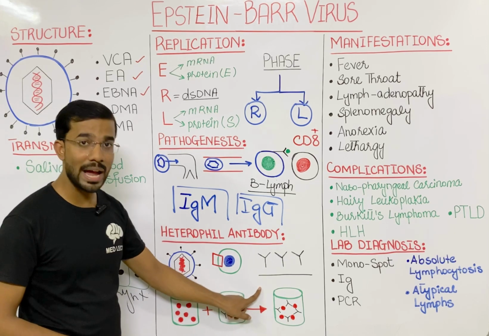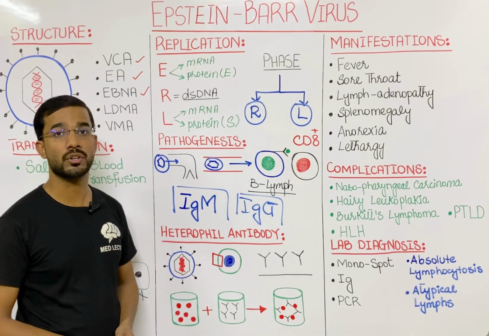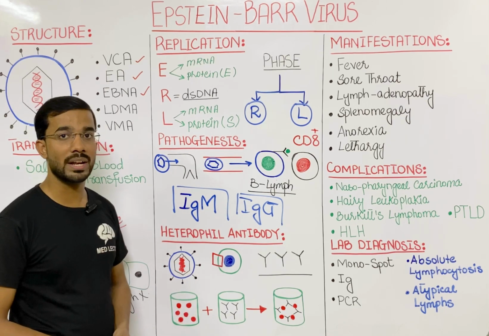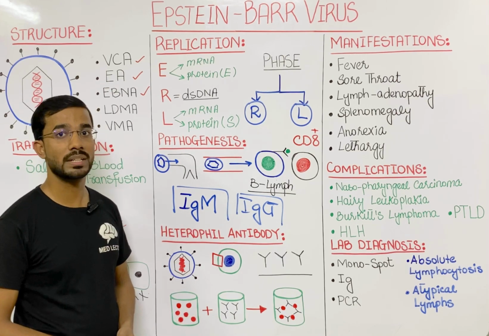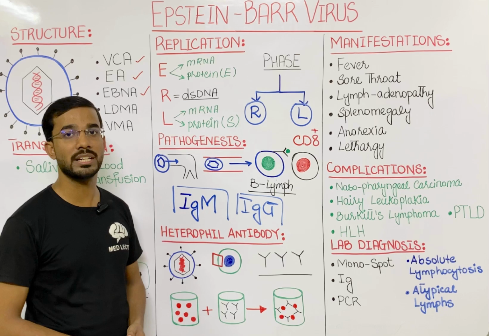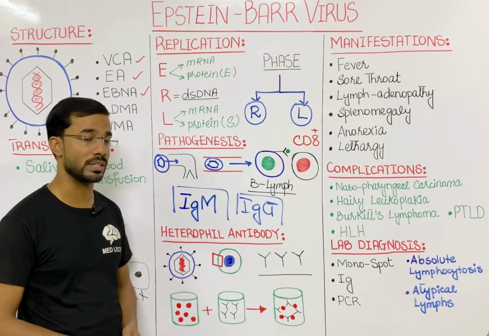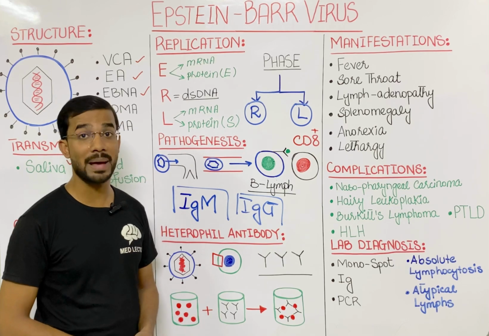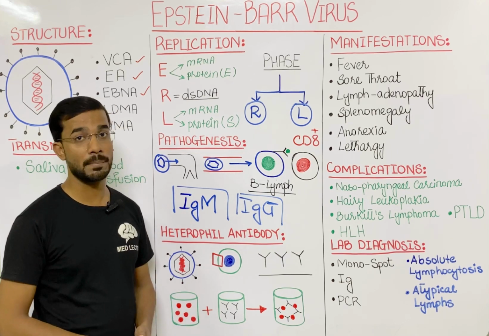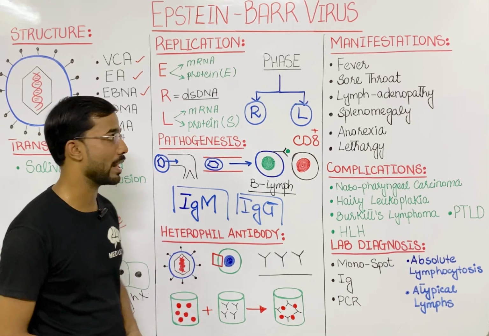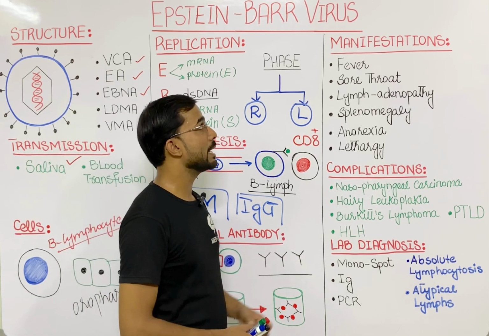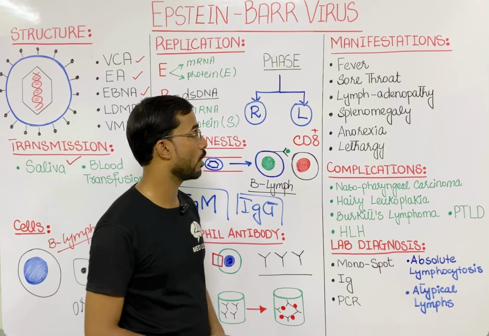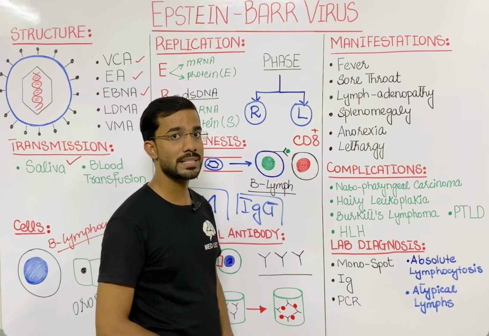But if there is no agglutination, then there are no heterophil antibodies. That test is also known as the Monospot test, and it is used for the detection of heterophil antibodies. But this test for the Epstein-Barr virus is not specific, because that test can be positive in other diseases as well.